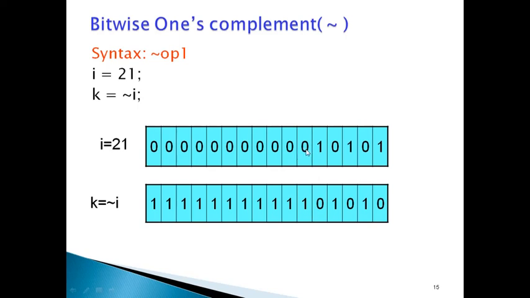And sixth bit onwards up to most significant bit, all zeros. Here in the K, these all bits are modified as 1. After performing the ones complement, the K value is 65,514. This is the ones complement.